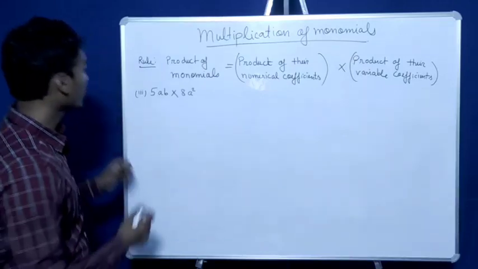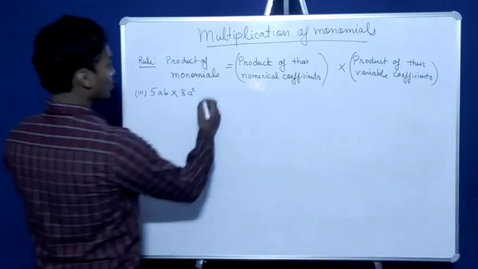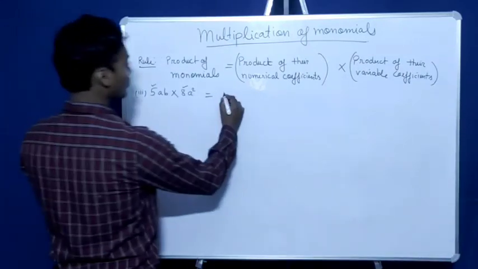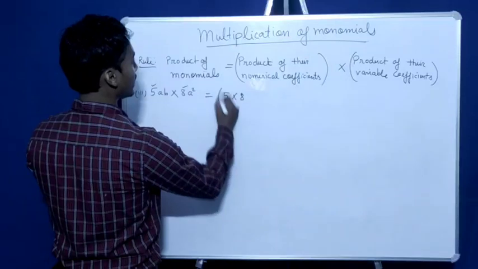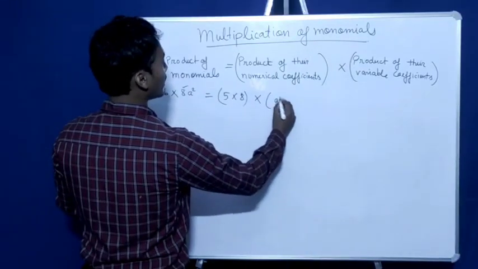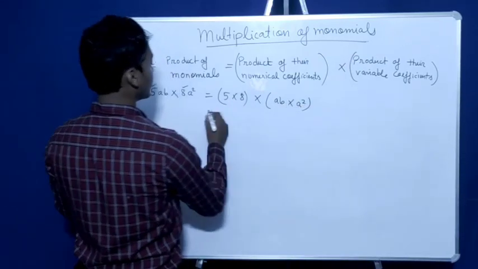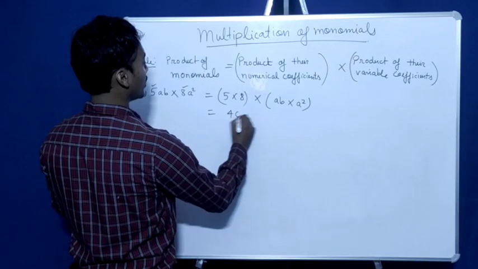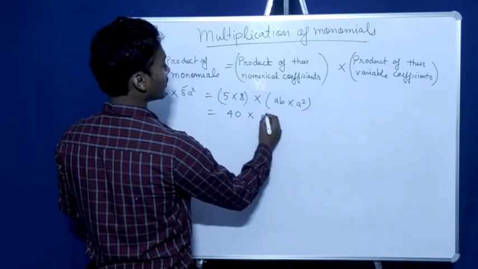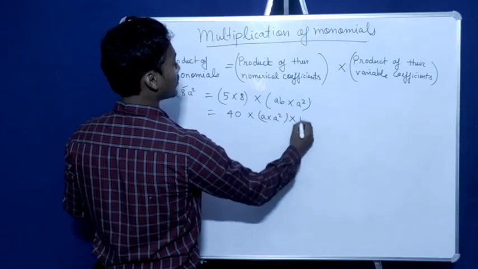Now let's multiply 5ab and 8a square. So what are the numerical coefficients here? 5 and 8. So 5 times 8 multiplied by the variable coefficient, that is ab, times a square. Now 5 8s are 40 multiplied by, now here you see there are two variables, so multiply the same variables together first. So a times a square times b.